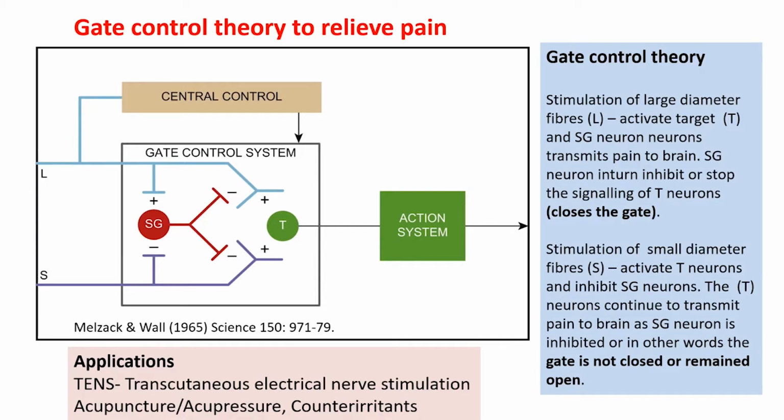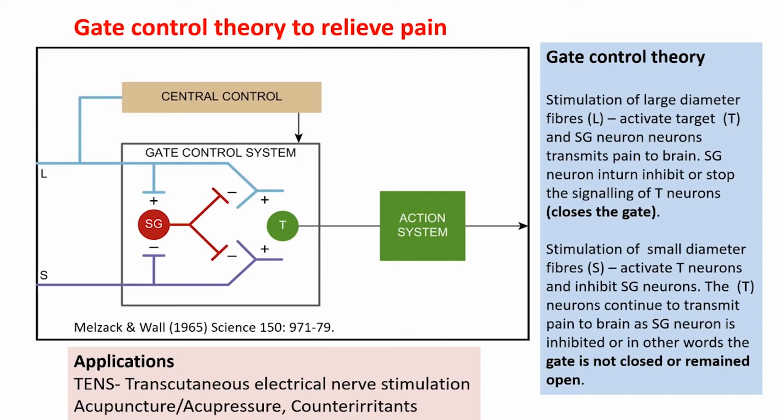That means a gate is operated by a group of neurons situated in lamina 2, and the gatekeeper here is the substantia gelatinosa cell. Now the substantia gelatinosa cell either opens the gate or closes the gate.